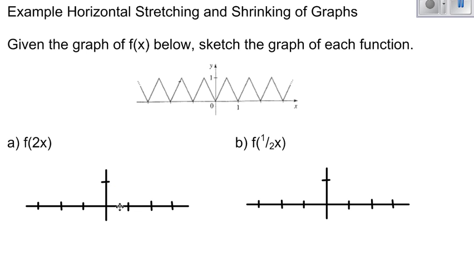So rather than touching at 1, it's going to touch at all the halves. So it has to do a full peak and back at each half value. And the same thing on the negative x-axis. Now when you multiply by 1/2 in front of the x, that is going to stretch it horizontally.